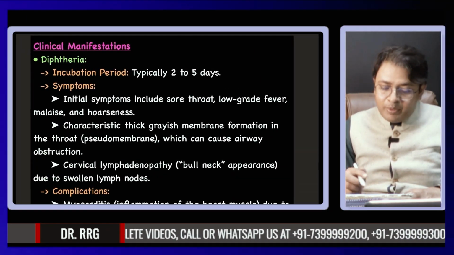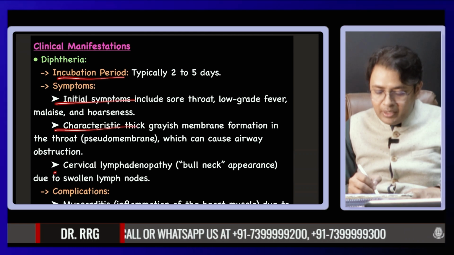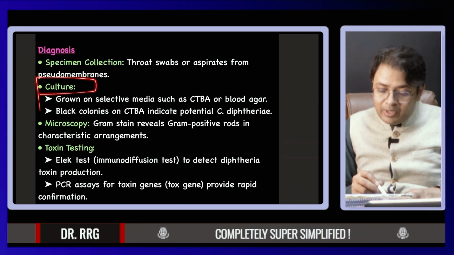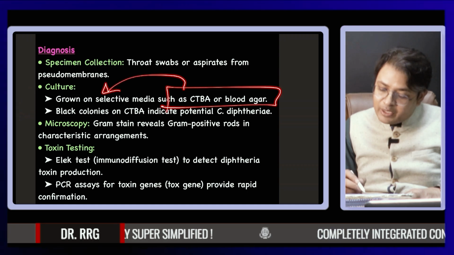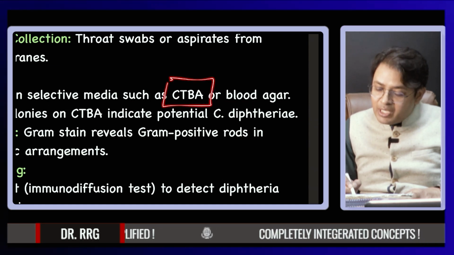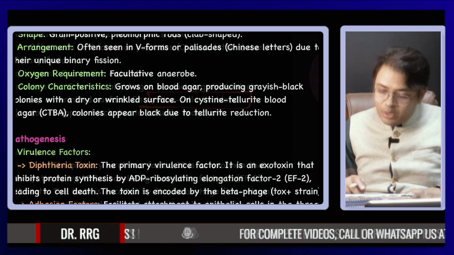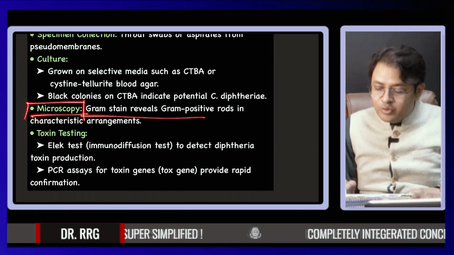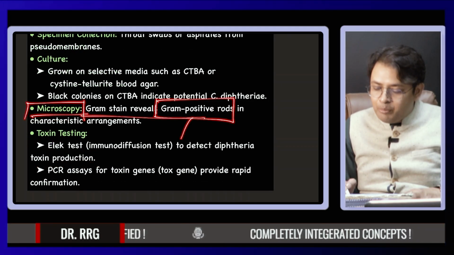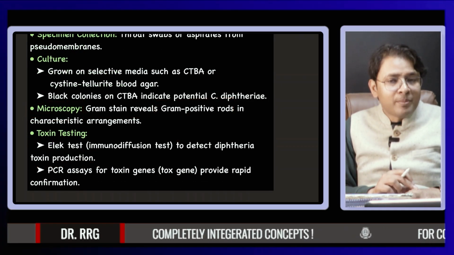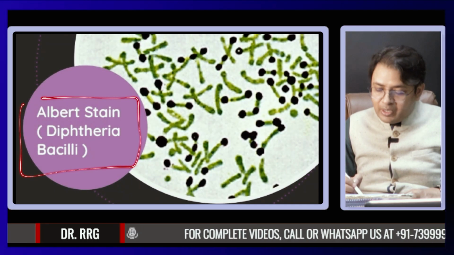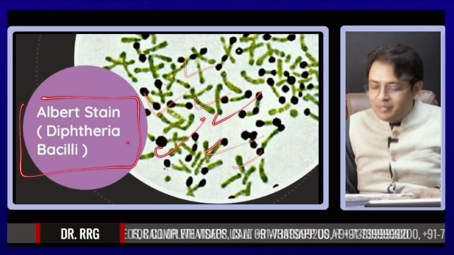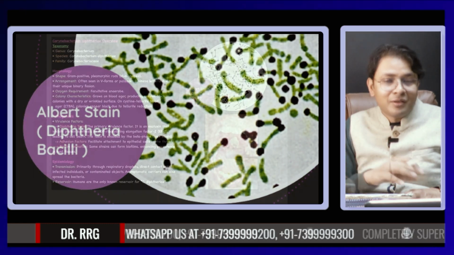What is the clinical presentation? We have already discussed this. How can we culture these bacteria? We can culture on selective media, that is CTBA agar, cysteine tellurite blood agar. In the microscope, we can see gram-positive rods, or to visualize the bacteria, we can use Albert stain, where the bacteria show a Chinese letter-like or V-shaped pattern.